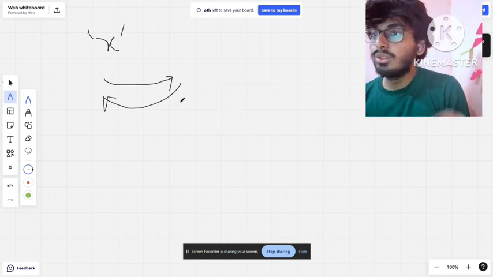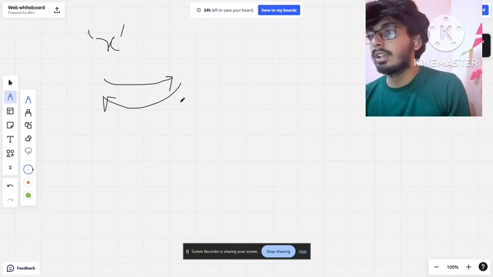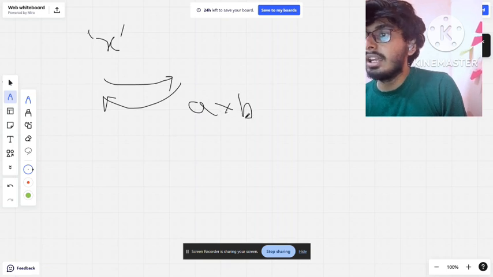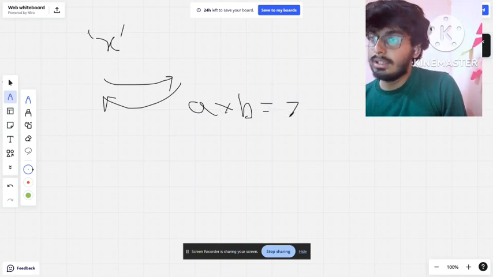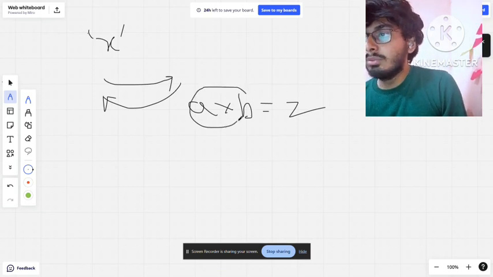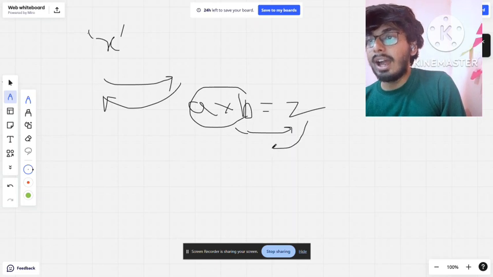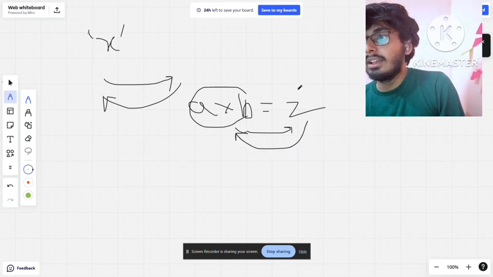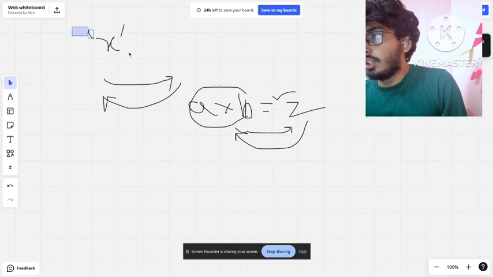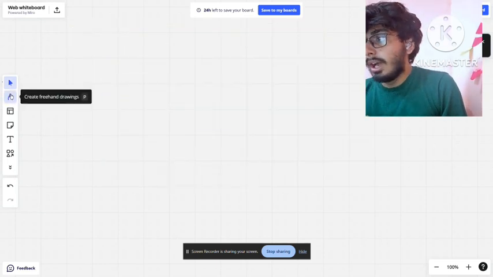We will be using our basic maths techniques. We know that if we multiply two numbers, let's say A and B, it will give a result Z. It is easy to multiply A and B to get the result Z, but it is hard to find the factors of Z, which are A and B. So we can use this technique for cryptography itself. How?